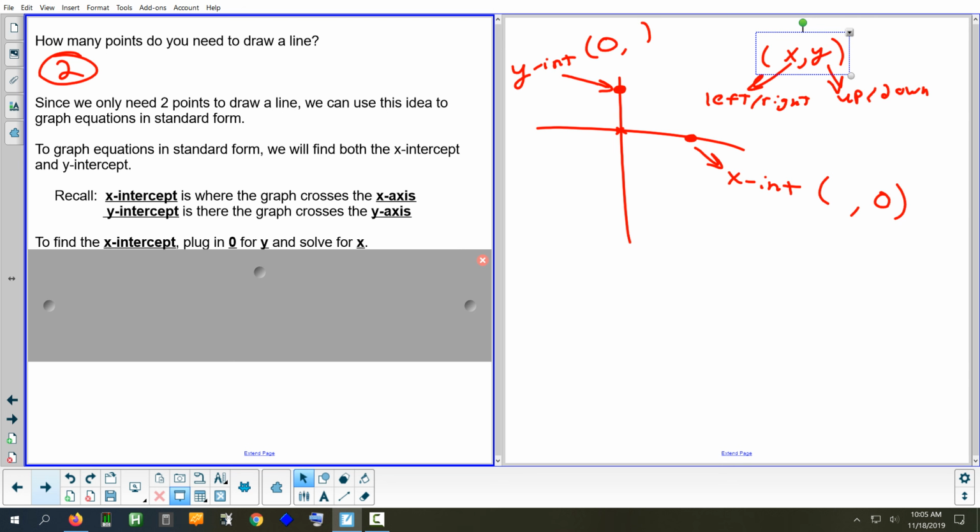So, to find the x-intercept, plug in 0 for y and then solve, just like you did in the warm-up. On your guided notes, it says to find the x-intercept, plug in 0 for y, and solve.